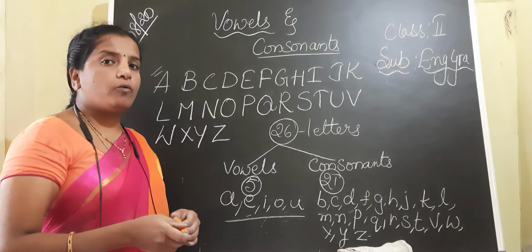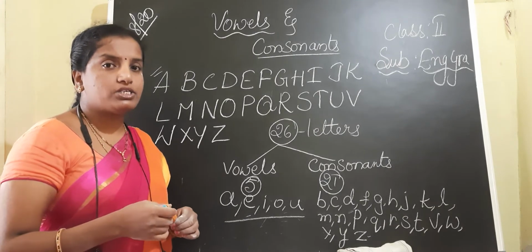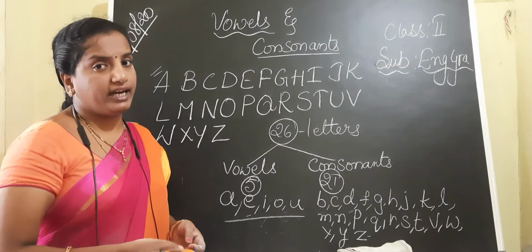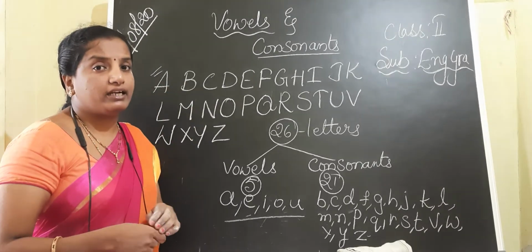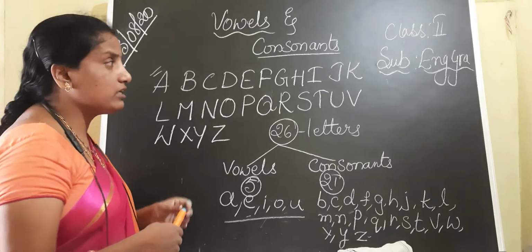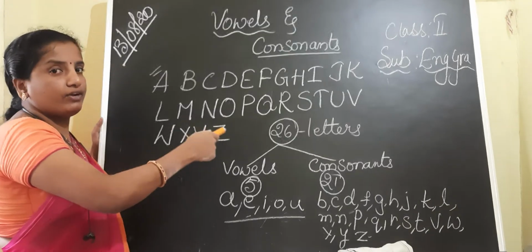Now children, how many letters are there in English? There are 26 letters in English. See, I have written on the board.